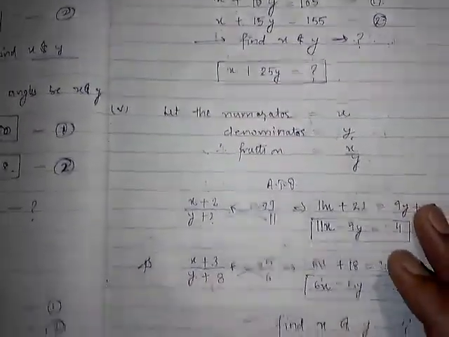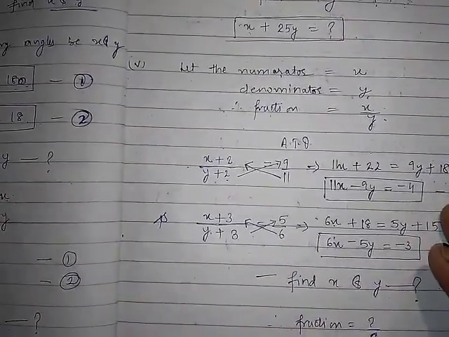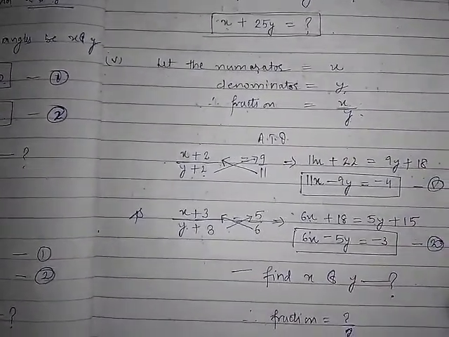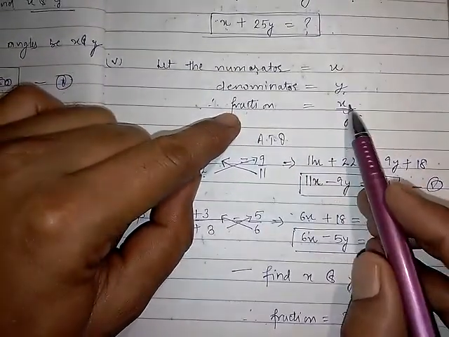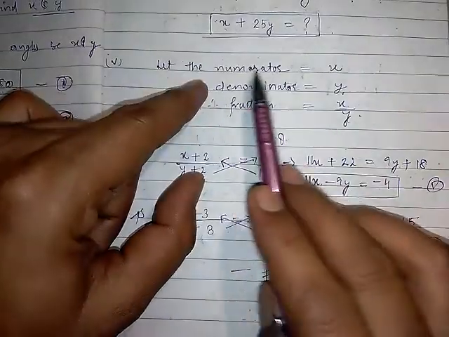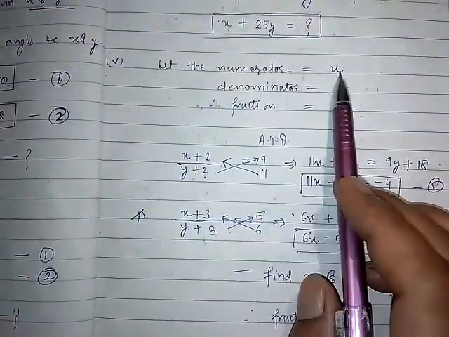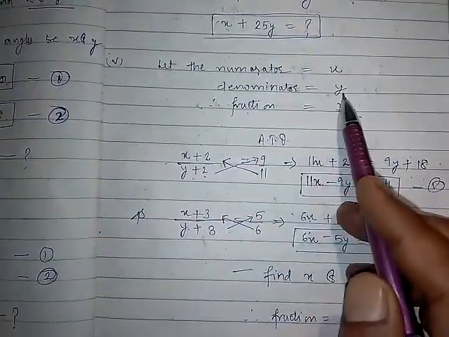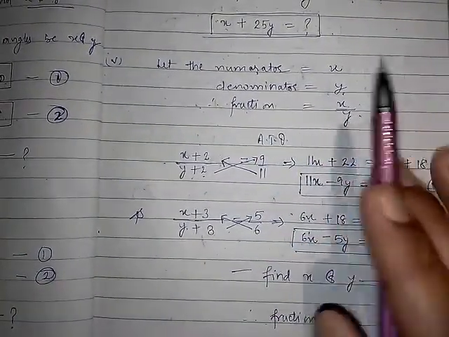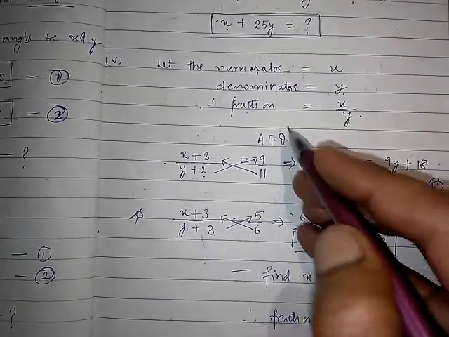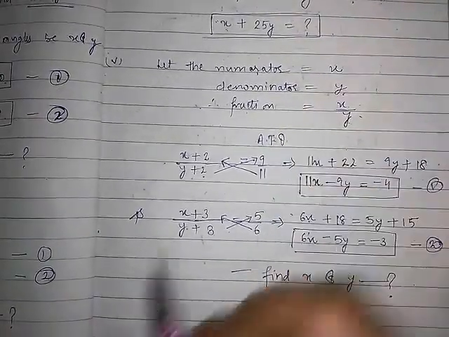This is a very important question. Okay. Then in the fifth part they are just talking about a fraction. So you know in a fraction, numerator and denominator are there. So first of all we will suppose the numerator is equal to x, the denominator is equal to y. Therefore the fraction will be equal to x upon y. This is very simple. After that they are applying the condition according to the question.